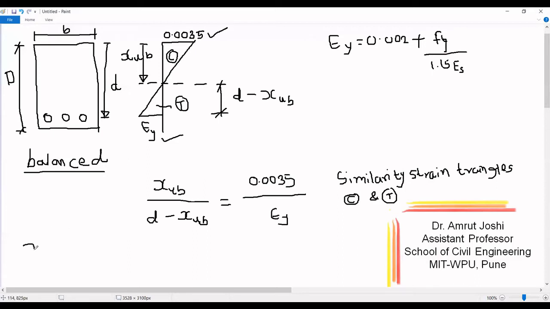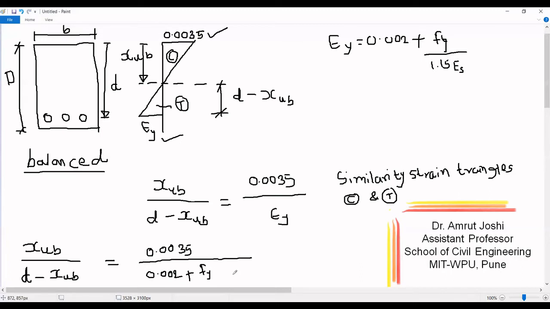I get xub divided by d minus xub is equal to 0.0035 divided by 0.002 plus Fy upon 1.15 Es.